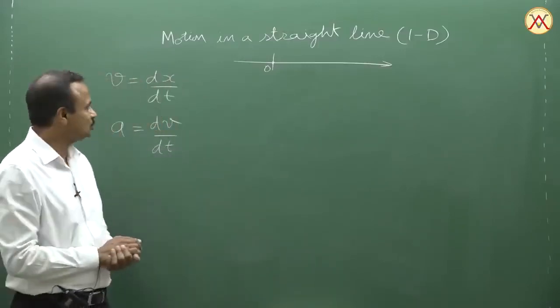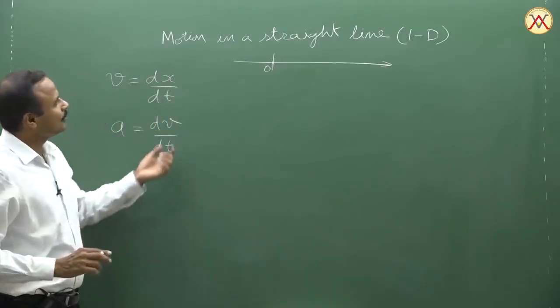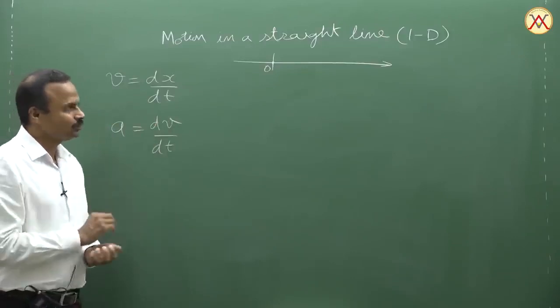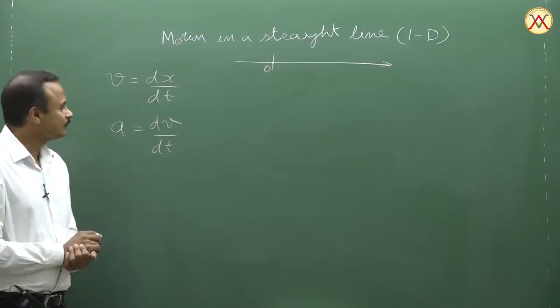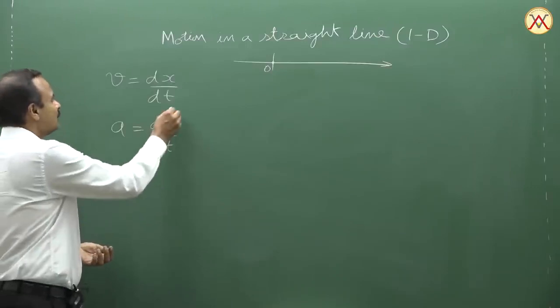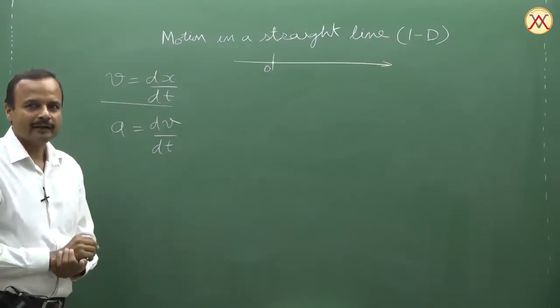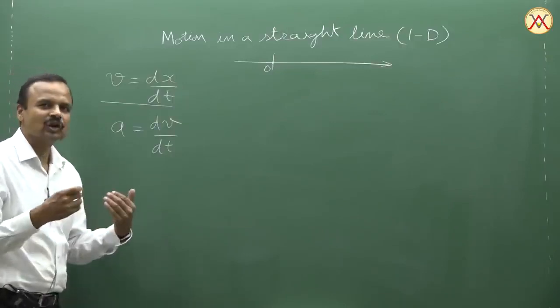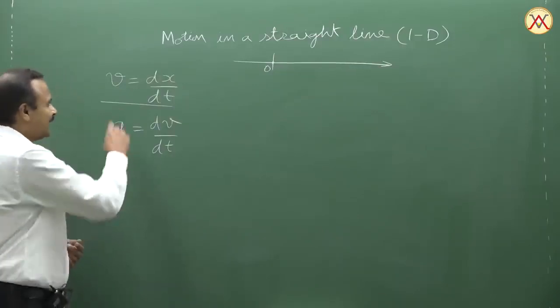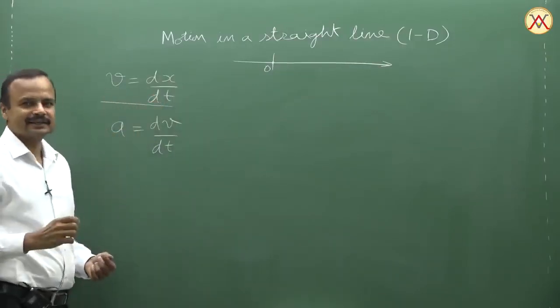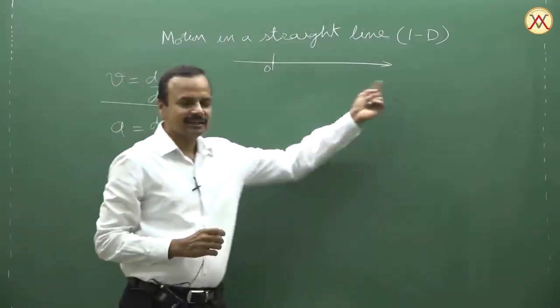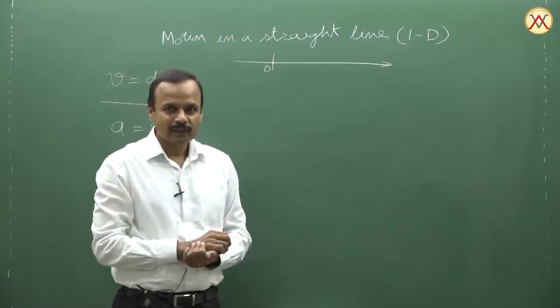That will be called two-dimensional motion. Now, if we are discussing motion in a straight line, first of all, we don't have to use an arrowhead over the quantity. It is not essential. I can write v as dx by dt if the motion is along the x direction.